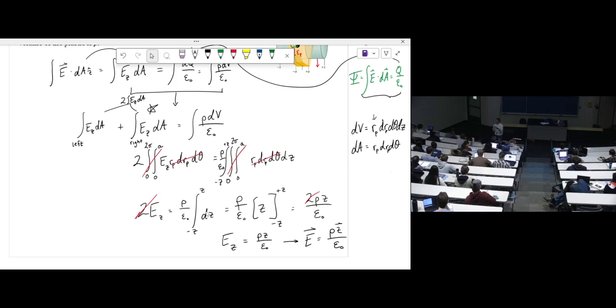And then we would only be integrating over the right face, since we already argued that there was 0 flux through the xy plane. That would be an integral over z from 0 to plus z. So we would have gotten the same result if we had done it that way. Good.